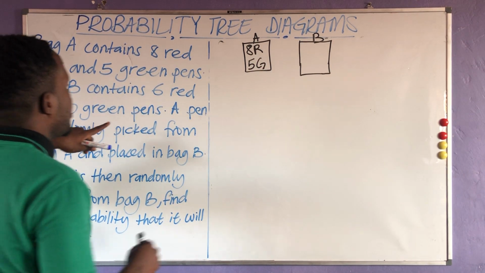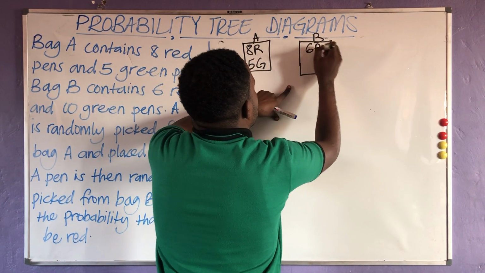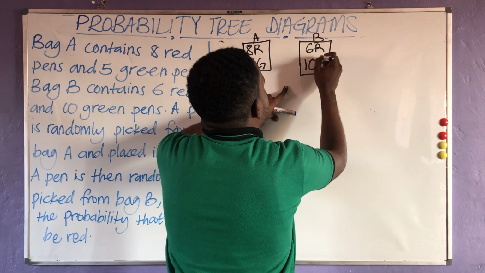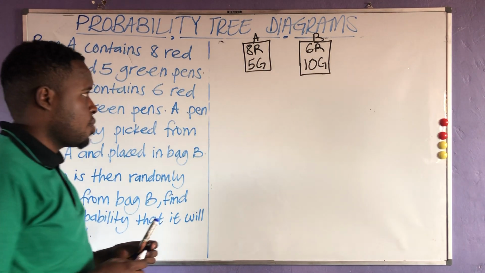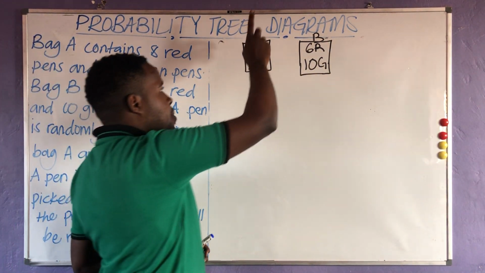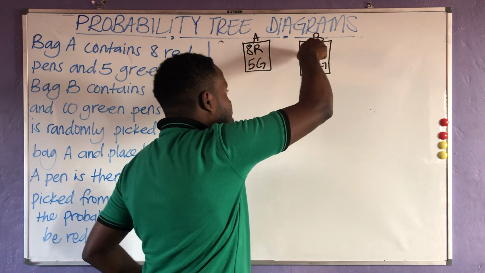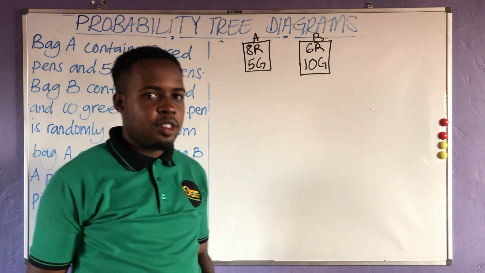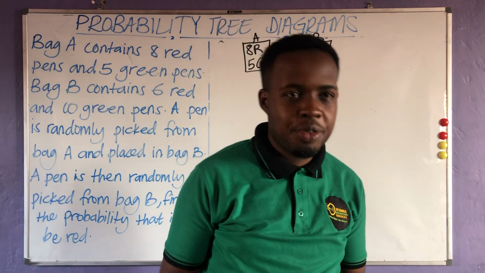Then bag B has 6 red and 10 green. So they are picking from bag A, then placing in bag B, then later they pick from bag B. So friends, let us try and draw our probability tree.